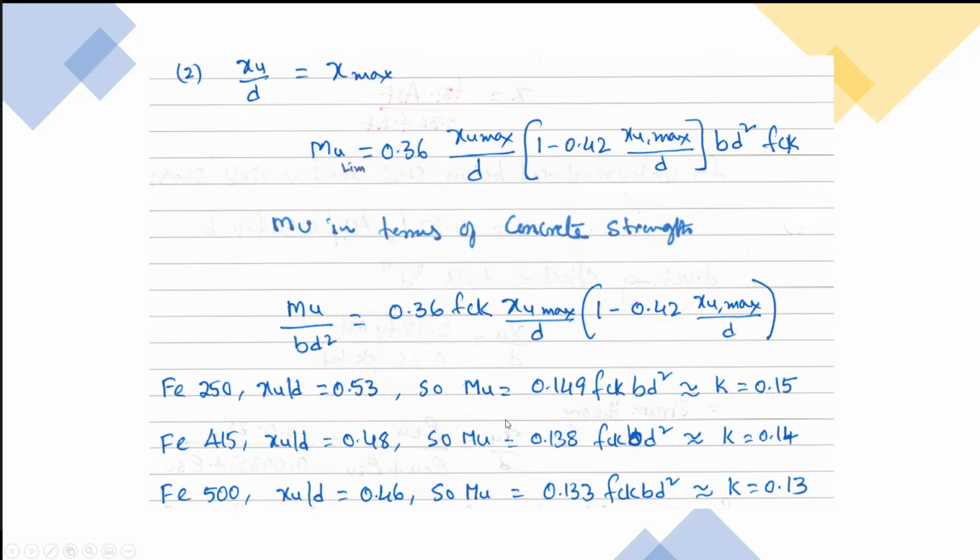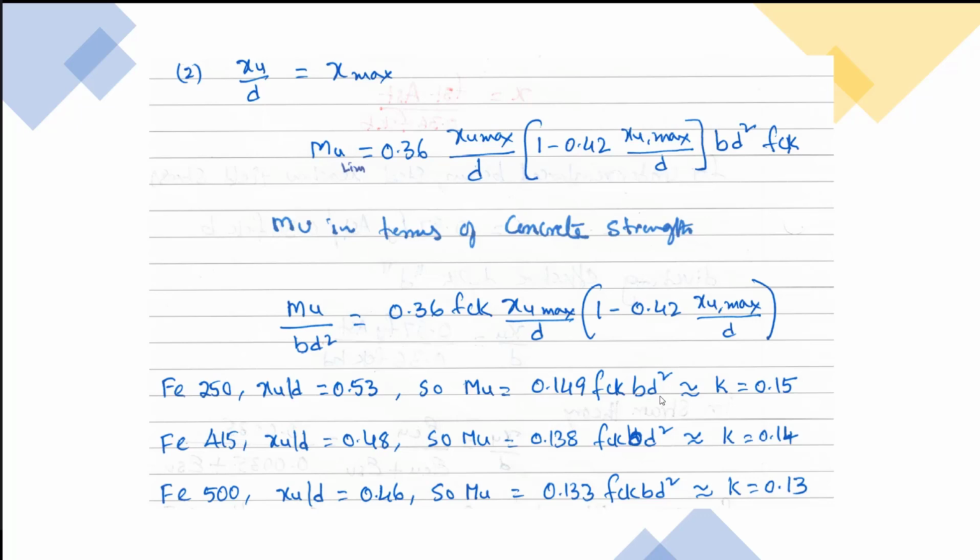So what it means is the moment carrying capacity of the rectangular cross section for Fe 250 grade steel is 0.149 fck bd square, which is even given in competitive examinations, and is also regularly used in practical design.